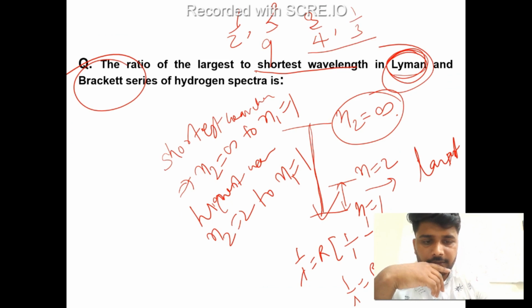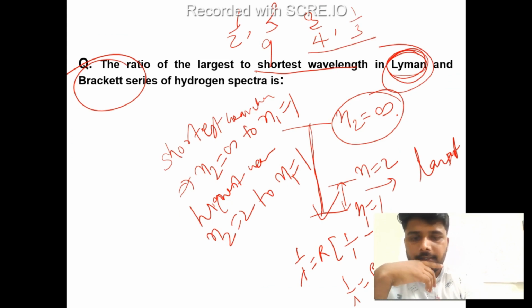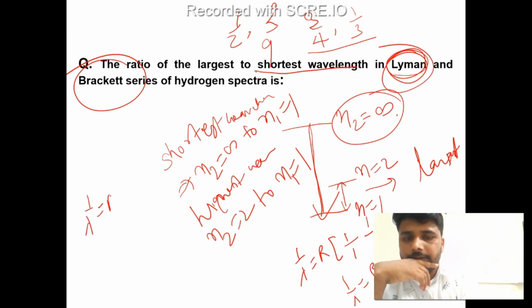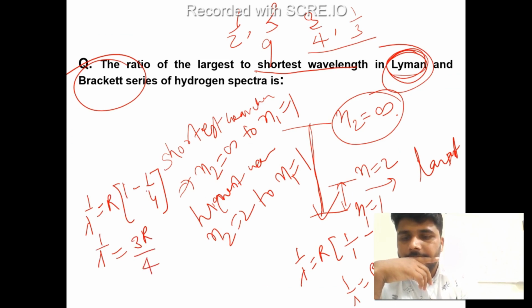Let me just check. So lambda is equal to 1 upon R, and in another case it will be 1 minus 1 by 4, that will be 3R by 4, that is 4 by 3R.